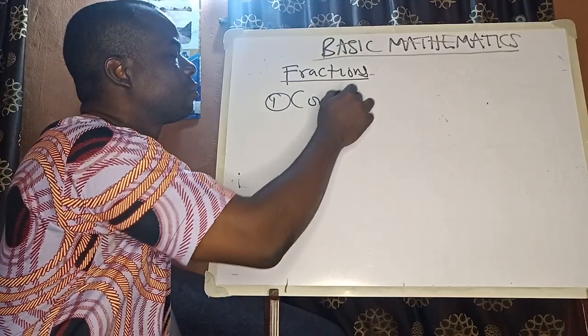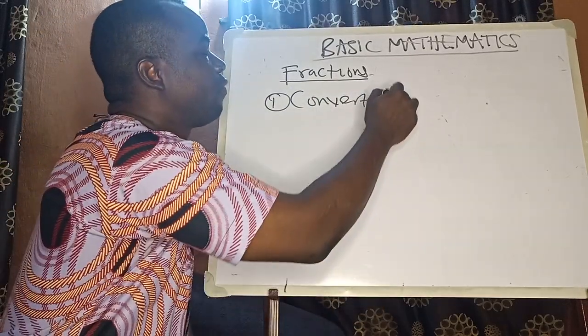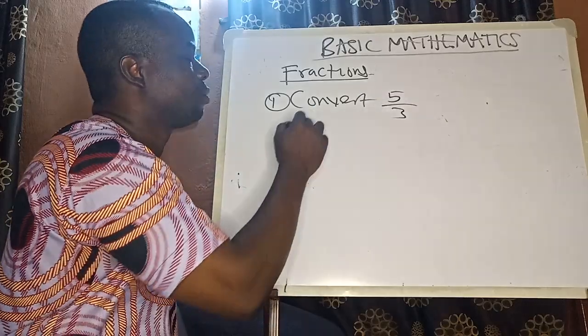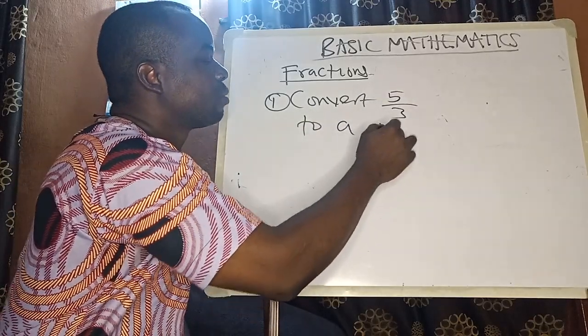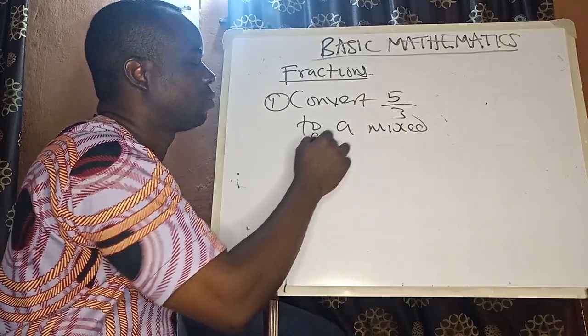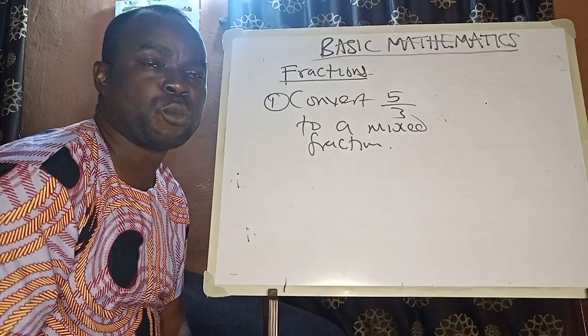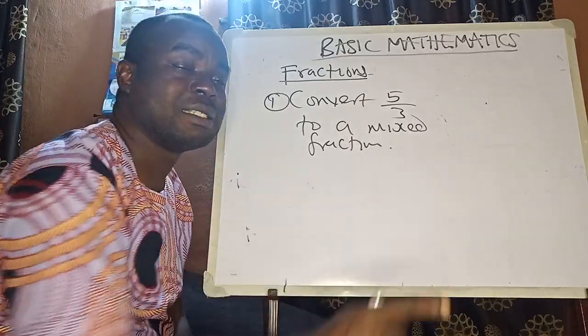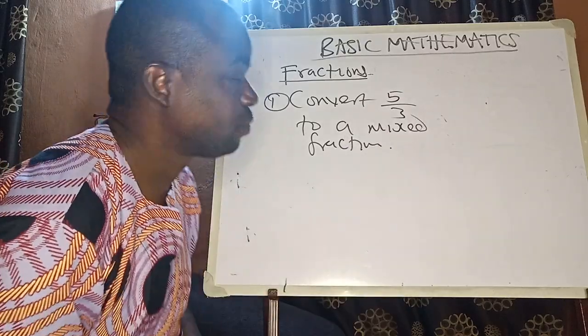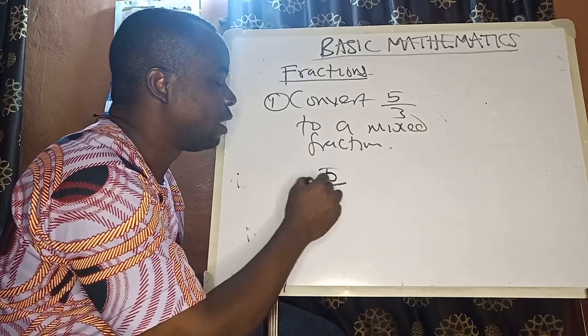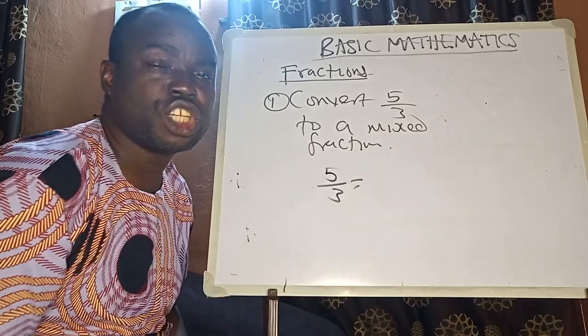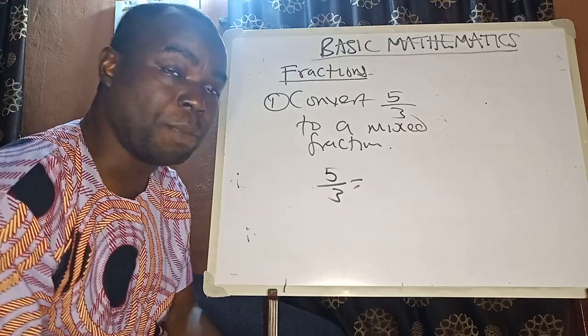Convert 5 over 3 to a mixed fraction. You will agree with me that 5 over 3 is an improper fraction. So if you want to change it to a mixed fraction or mixed number.